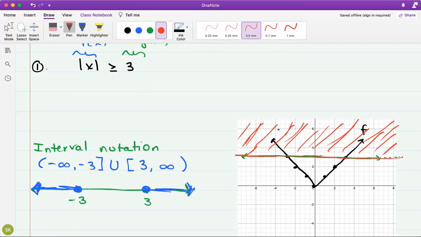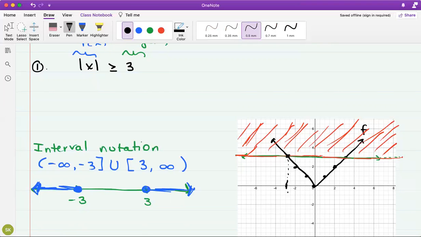So what I'm asking you here is, for what x values is my black graph in this red area? And you can see that because this goes on forever this way, and this side goes on forever this way, from negative infinity all the way to right here, at negative 3, the line is going to be above or on this, in this red area.